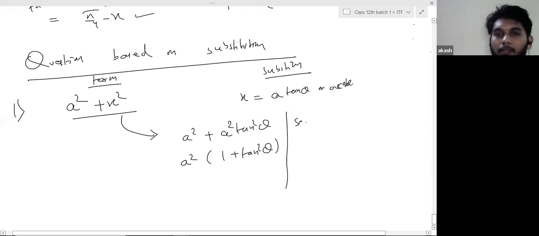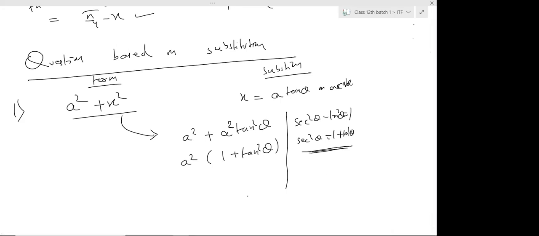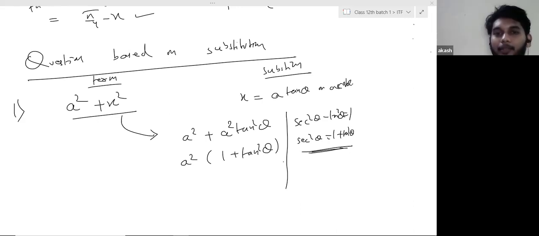We have this formula, sec square theta minus tan square theta is 1. So sec square theta is equal to 1 plus tan square theta, right? Yes, sir. Do you guys remember this or not? Everyone, these are basic fundamental identities of trigonometry. If you don't remember this, then God save us, right?